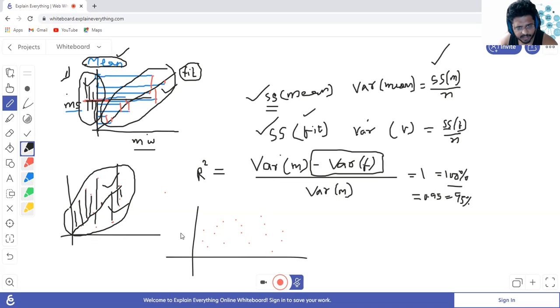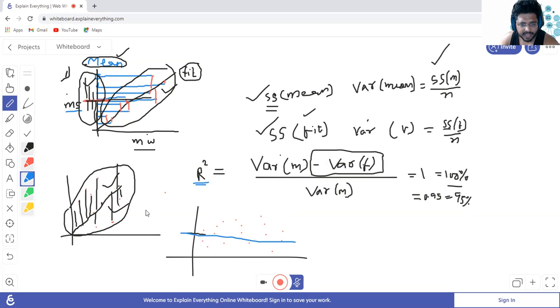So this is the mean of y-axis, means SS mean, and this is also the mean, this is also the fit line. Okay. Now what will happen? So var of m minus var of f will be what? 0. Yeah. So when it will be 0, then r square will be 0.